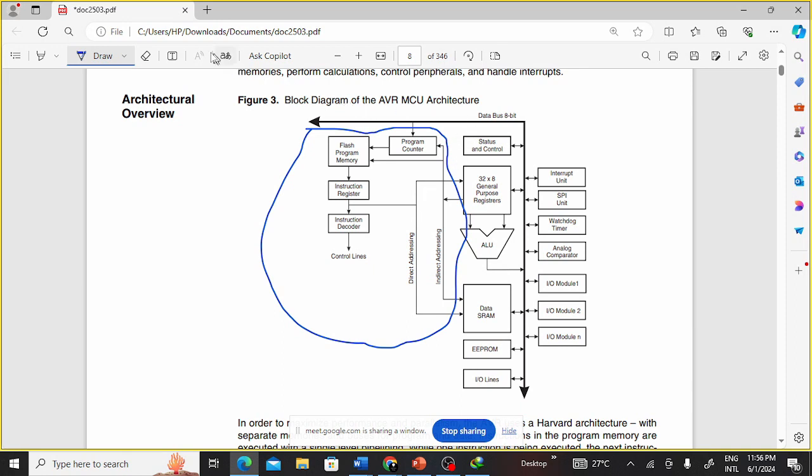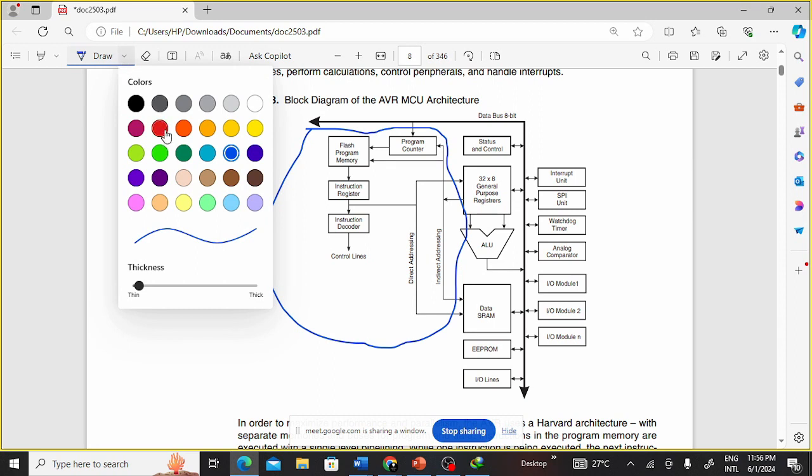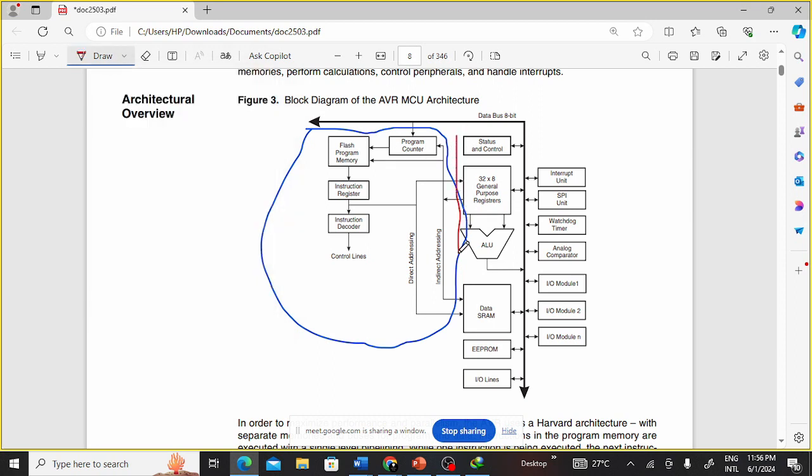Now this line, let me see if I can change my color. Yes, I could change that. This unit, these sections that go down, is my data memory. Under my data memory, I have status and control, then the 32 by 8 general purpose registers.